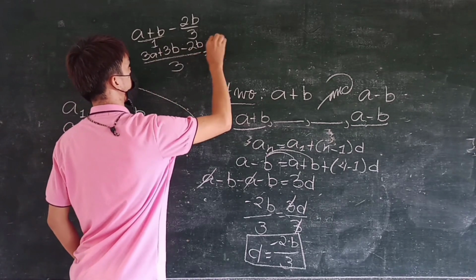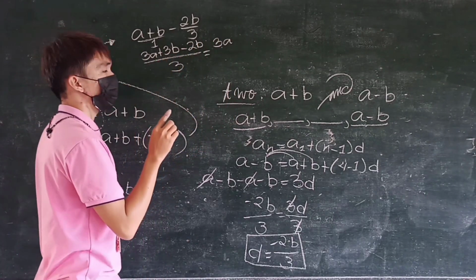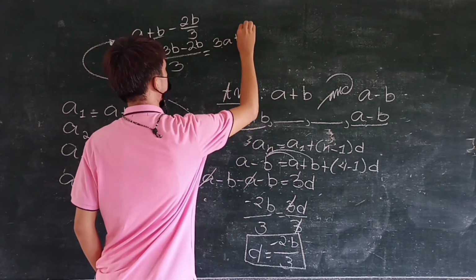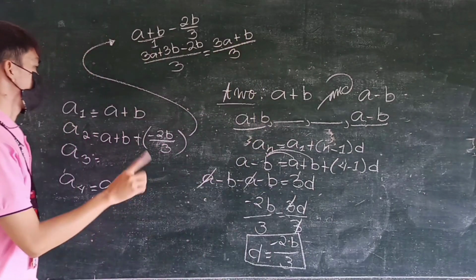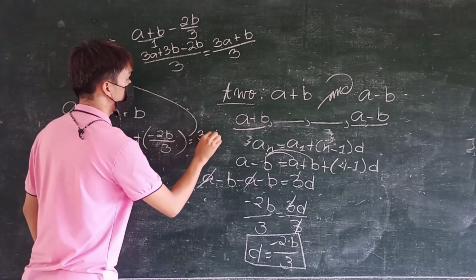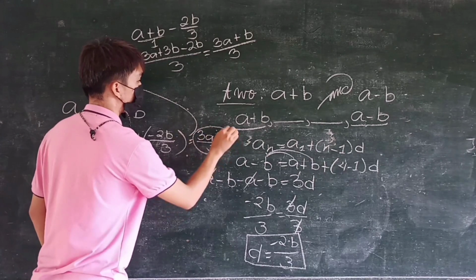Copy 3a. 3b minus 2b equals 1b or b. We have plus b. Copy the denominator, which is 3. So, the second term is equal to 3a plus b over 3. So, that's it.